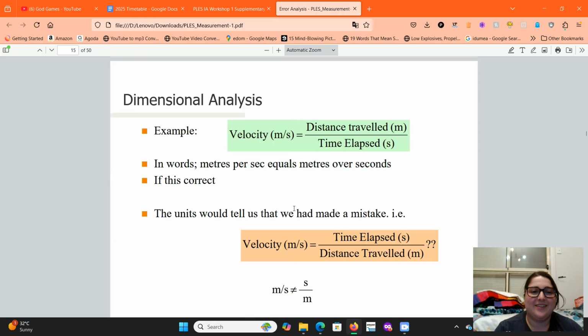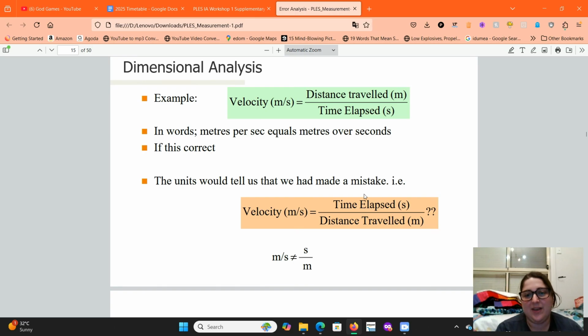For example, velocity in meters per second equals distance traveled in meters over time elapsed in seconds. In other words, meters per second equals meters over seconds. If this is not correct, the units would tell us that we have made a mistake. If you had written this instead, that would not be correct. Meters per second is not the same as seconds over meters.